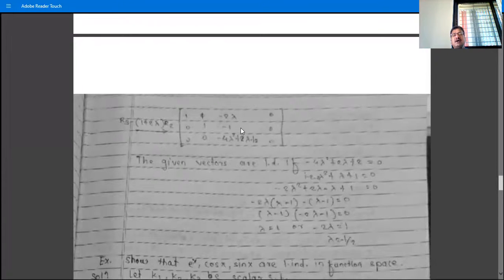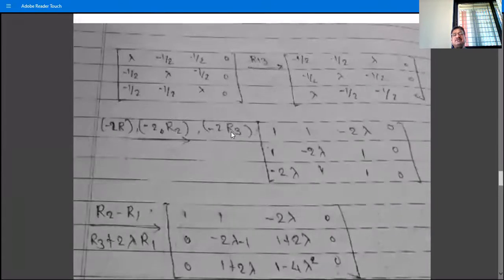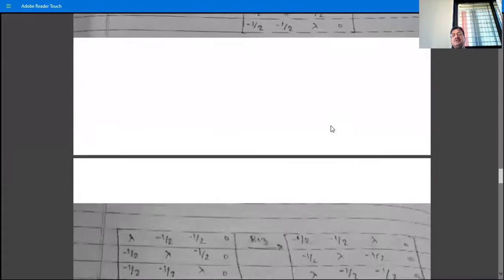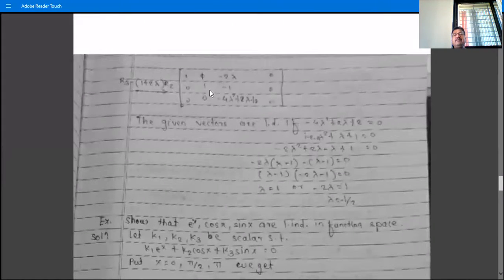In that case the system has a non-trivial solution, meaning k1, k2, k3 are not all 0. Then the given vectors are linearly dependent, and therefore the given vectors v1, v2, v3 are linearly dependent if this is zero.